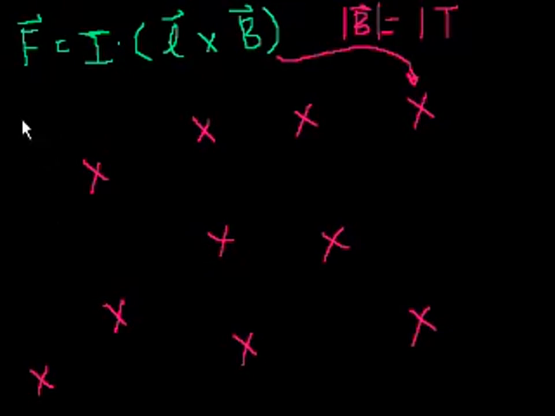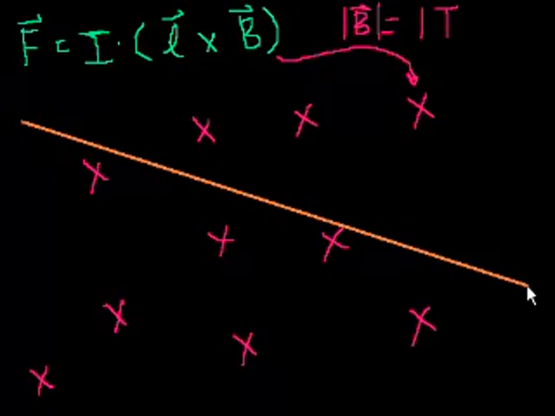So let me just draw a wire going through the magnetic field. And my question to you, oh well, let me tell you a little bit of information about this wire. Let's say the wire is carrying a current, so I is going in that direction, and it is carrying a current of, I'm just making up numbers, 5 amperes or 5 coulombs per second. Now my question to you is, what is the net force of this magnetic field on a section of this wire?